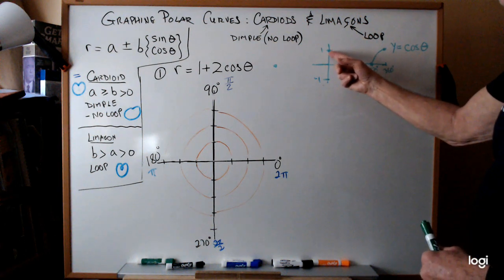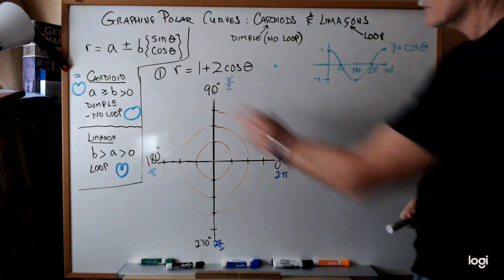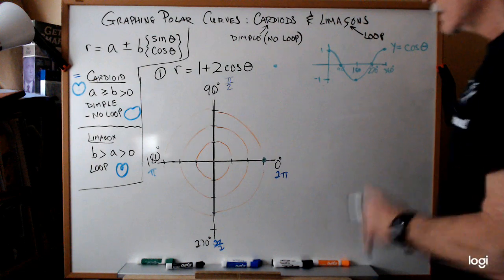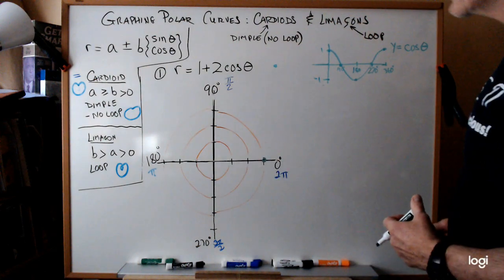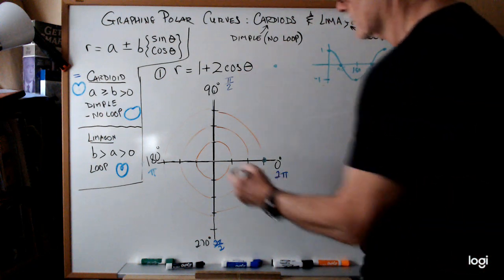Okay, so when theta is 0, cosine is 1. So this is going to be 1 plus 2 or 3. So that's going to plot at 3. So let's do the quadrantal angles first. 90 degrees, cosine is 0, so I'll get a 1.